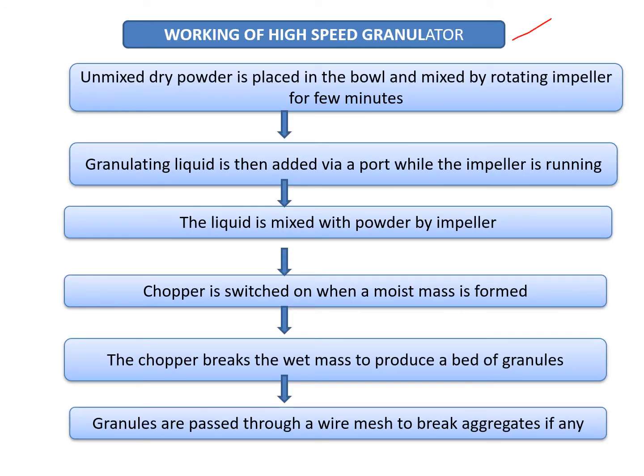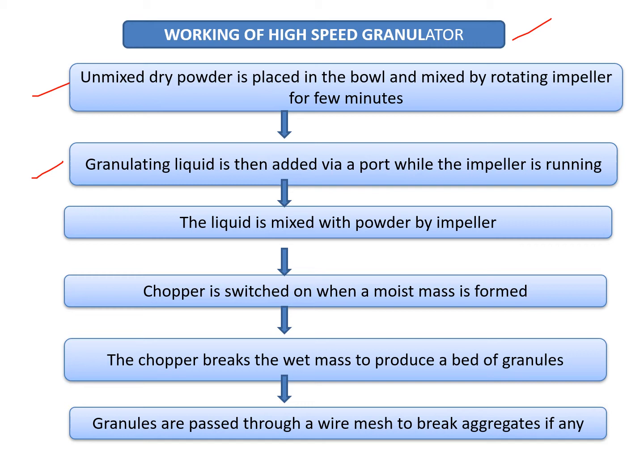How does it work? First we take the dry powder which is unmixed. It is placed in the bowl and mixed by rotating the impeller for a few minutes. So we are mixing the different powder ingredients in the dry form using the rotating impeller. After that, the granulating liquid is added via a port while the impeller is running.